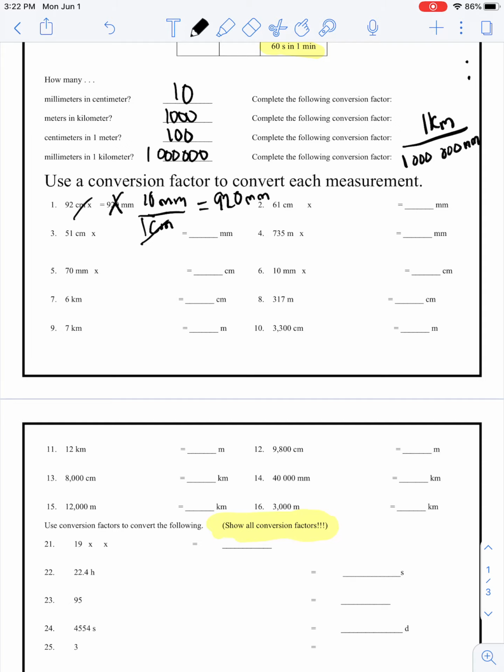As conversions get a little more complicated, showing that step where you're canceling units is just nice to see, and it helps you make sense in your head. So if you can use conversion factors here, that would be lovely. Wow, I wonder what that is. I'd have to go back and look on the sheet. But give these a try. If you have any troubles, just ask.